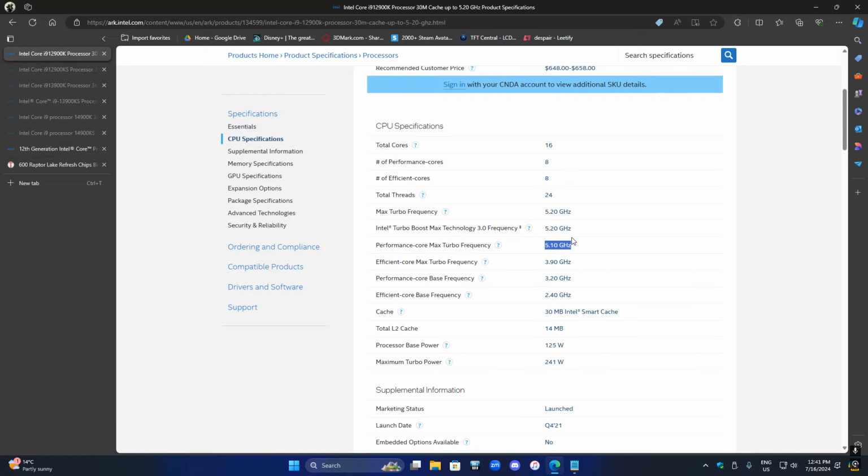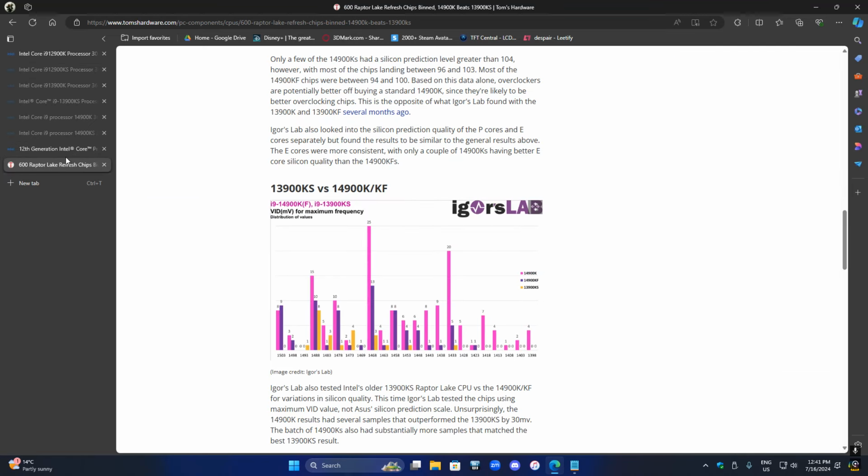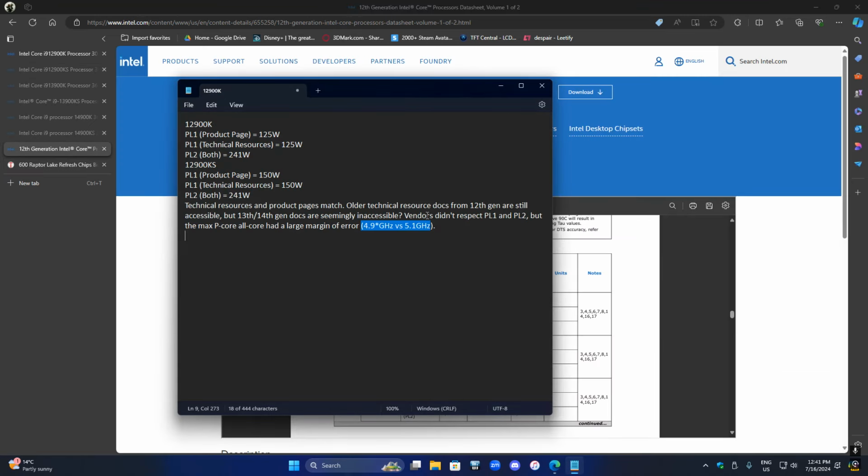What I'm saying is 5.1 was on the spec page. That's what Intel said your chip could do. But when you put the chip inside the motherboard, you were getting 4.9. Right? So it's interesting how the vendors took it upon themselves to create a margin of error, because they probably knew that this was not wise.